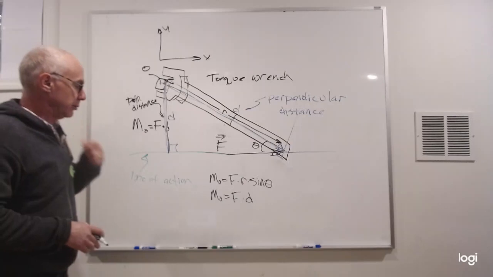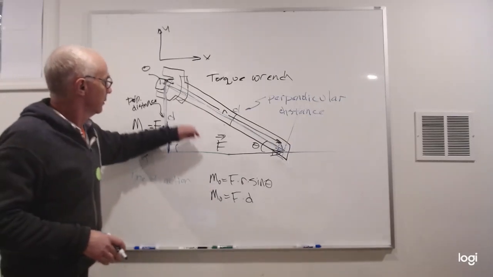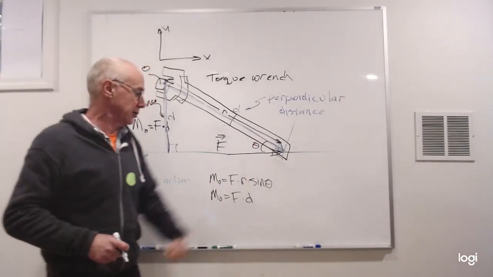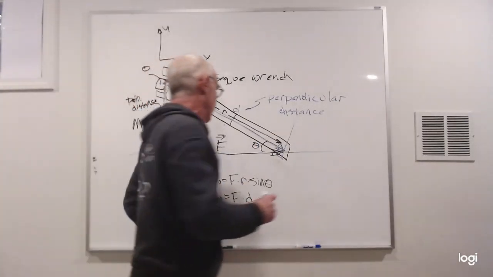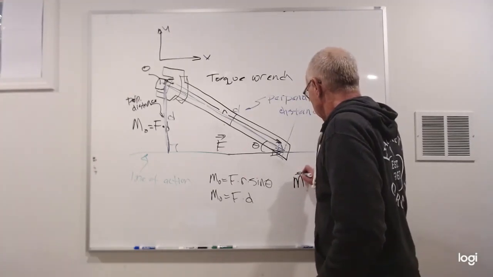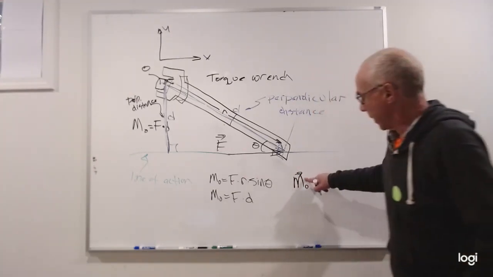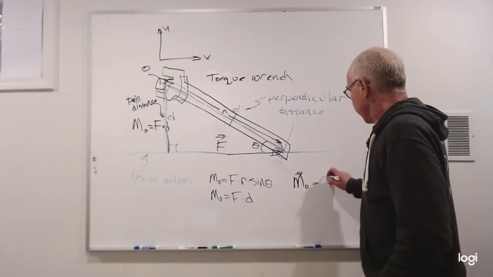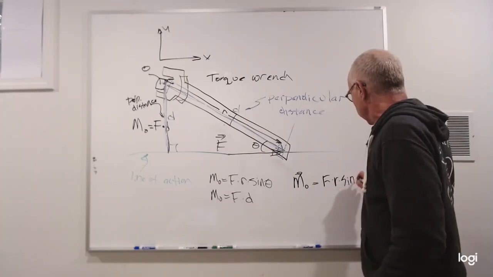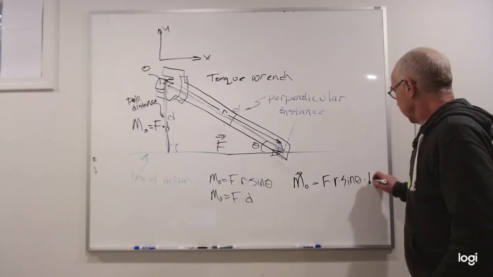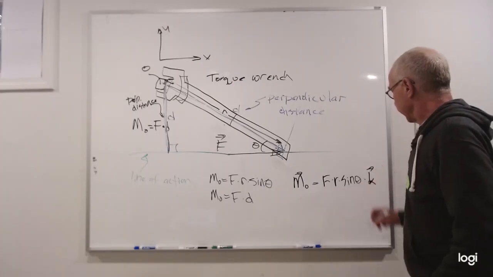So you would actually write the moment that's created by pushing on this wrench as M, and this time it's a vector, M naught with an arrow on it. It's a vector equals F R sine theta, no surprise, times k, our unit vector.